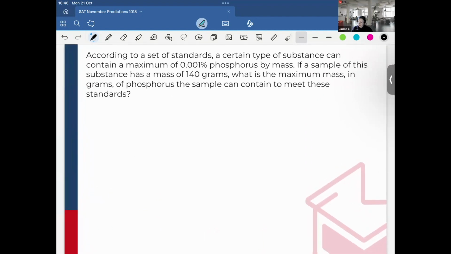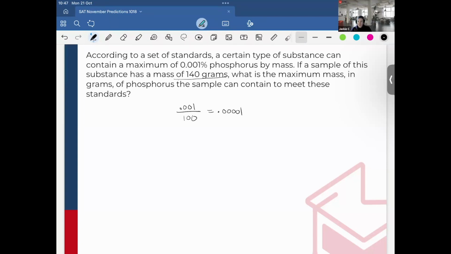A final one. According to a set of standards, a certain type of substance can contain a maximum of 0.001% phosphorus by mass. If a sample of the substance has a mass of 140 grams, what is the maximum mass in grams of phosphorus the sample can contain to meet these standards?